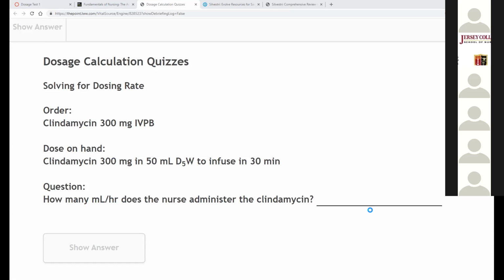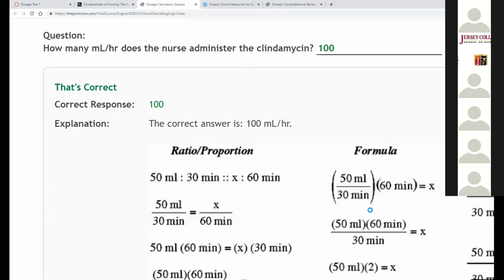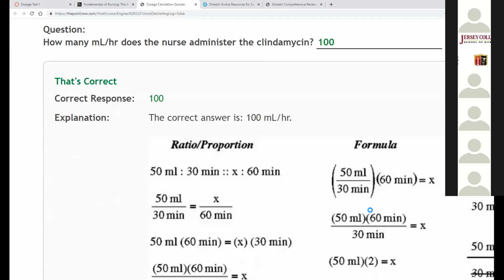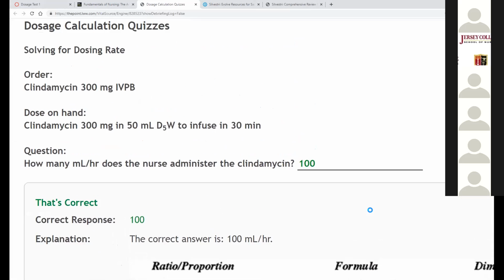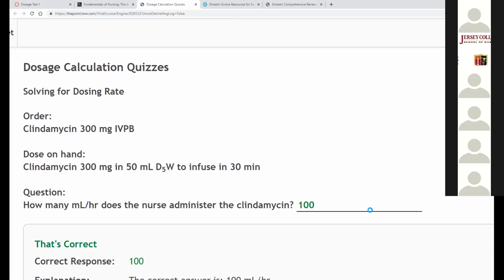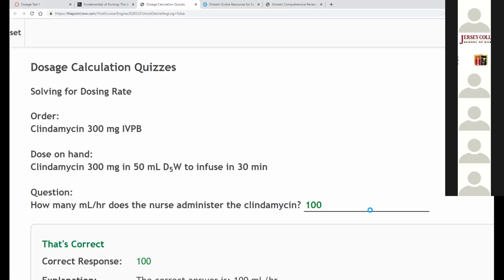And what did you get? 100. See, rock stars, you got it. It just looks hard. It's not. Once you figure out what's what in the problem, what do I need, what do I throw away, you're good.